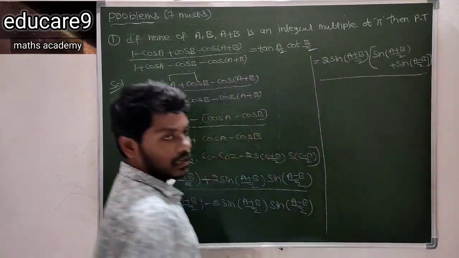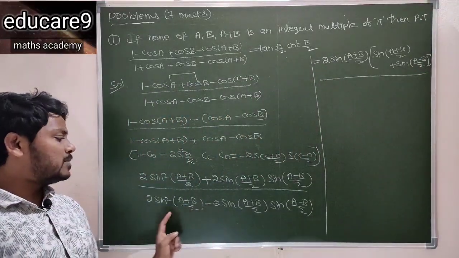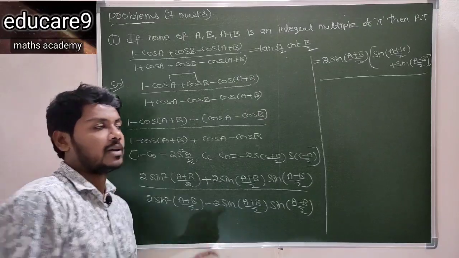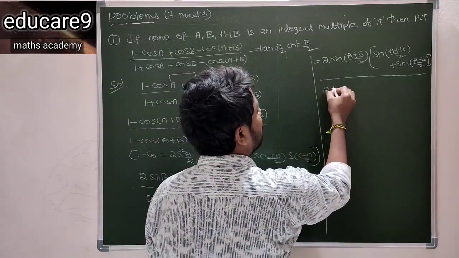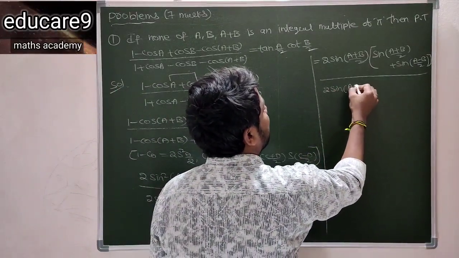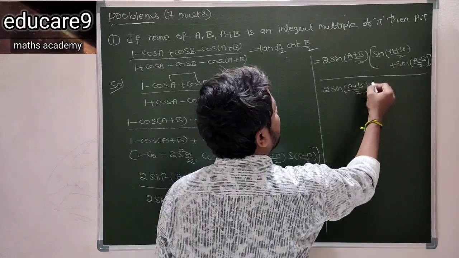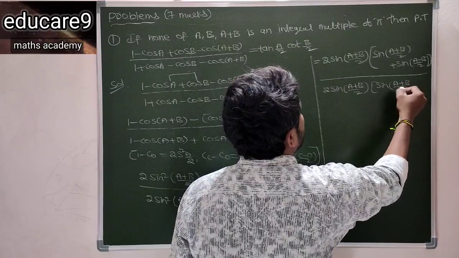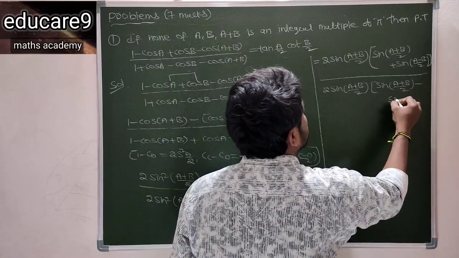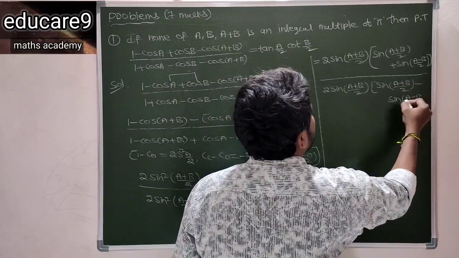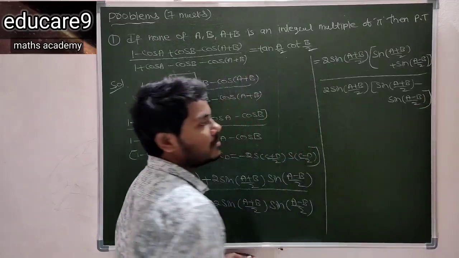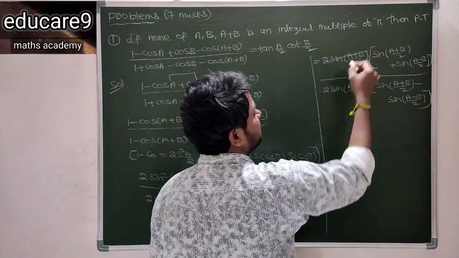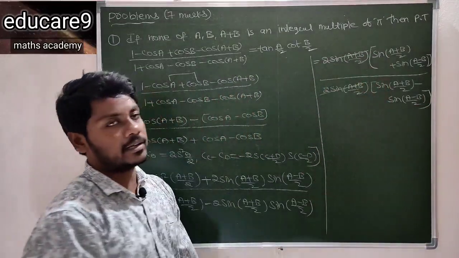So in denominator again 2 sin (A plus B)/2 is common in both terms. So what you get, sin of (A plus B)/2 minus sin of (A minus B)/2. See here, 2 sin (A plus B)/2 and 2 sin (A plus B)/2 get cancelled.